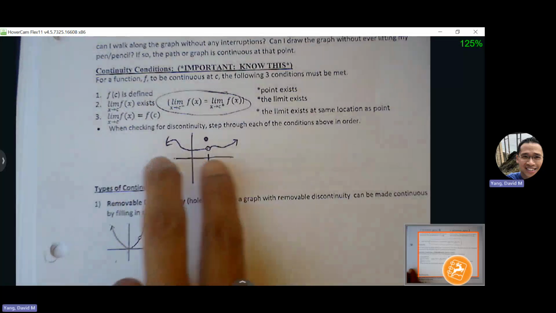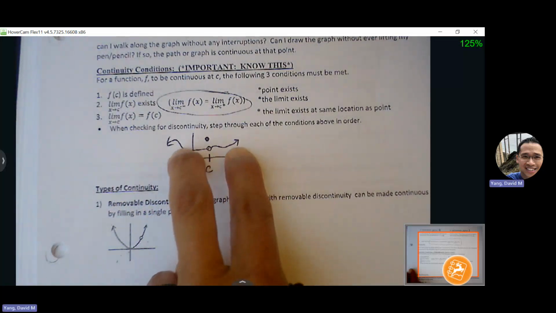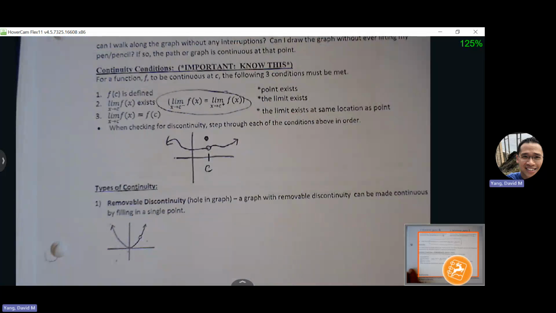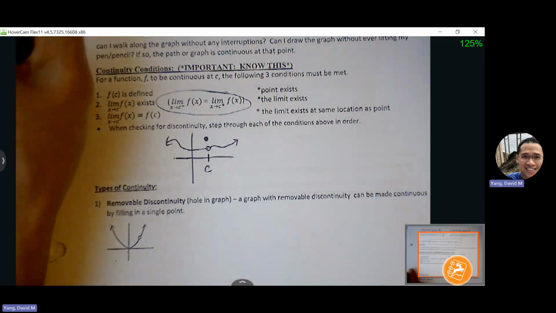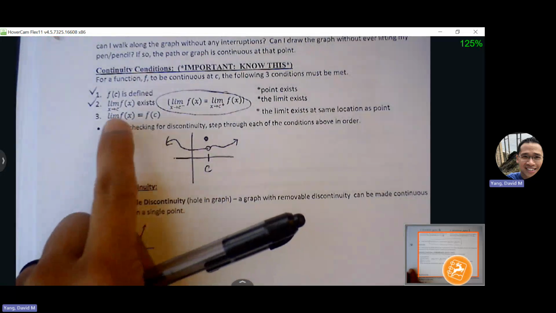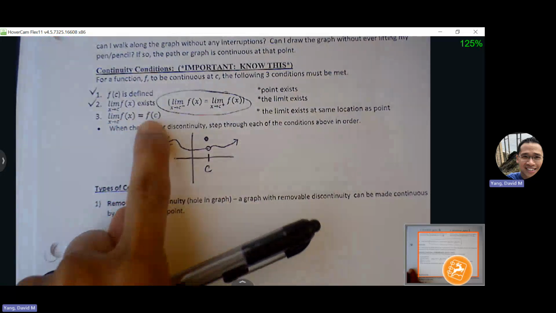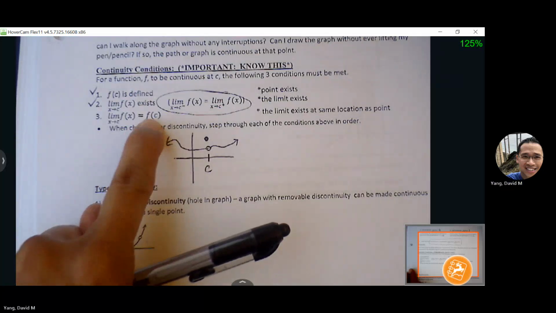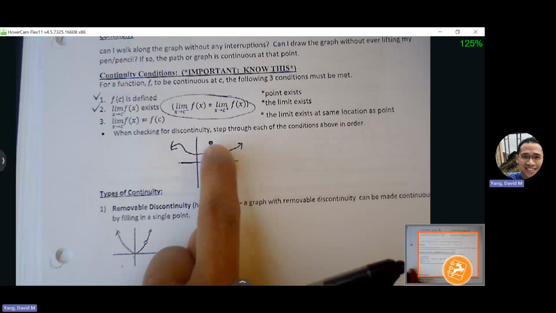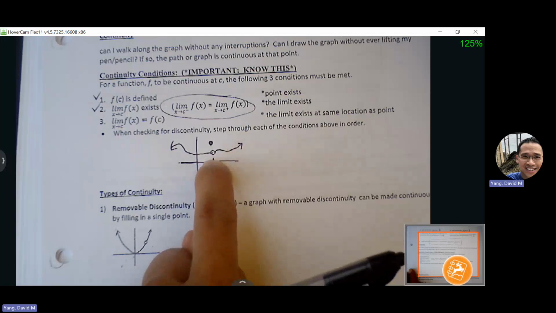Yes. If I pick points on either side of my graph, they're obviously pointing towards the same y value. They're both pointing towards the hole. So the first condition passes, the second condition passes, but does the third condition pass? Does the limit live where the point lives? No. So this one would fail. The third condition would fail because that point is not filling in where that hole is.